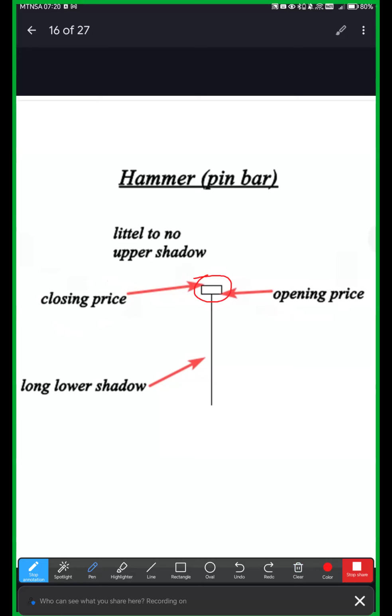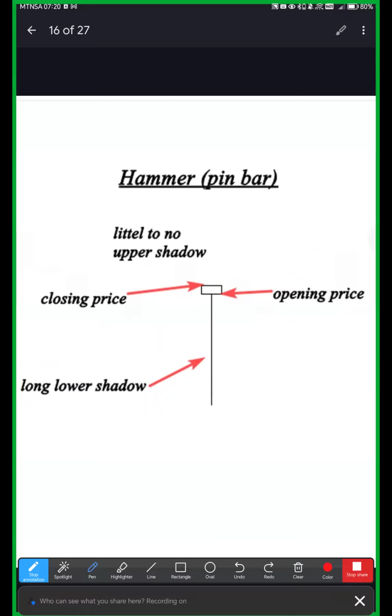So what other characteristic can you use to identify that this is a hammer? Apart from the small head, what other characteristic? It should have a long lower shadow.